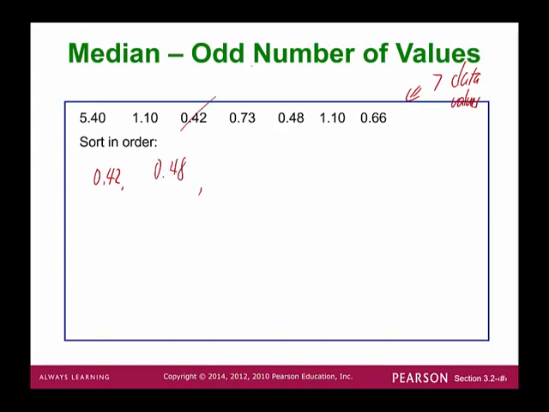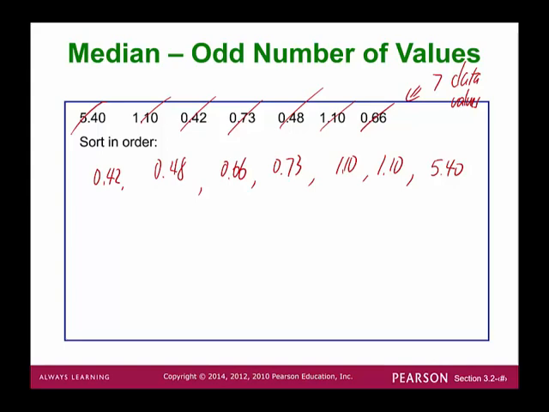If you want, you can cross out the data values you picked, right? And move on to the next number, 0.66. Cross that out. Move on to the next one, 0.71, 0.73. And then move on to the next two repeating numbers, 1.0, 1.10, and 1.10. The last number is 5.40. Okay, so we include all 7 numbers.